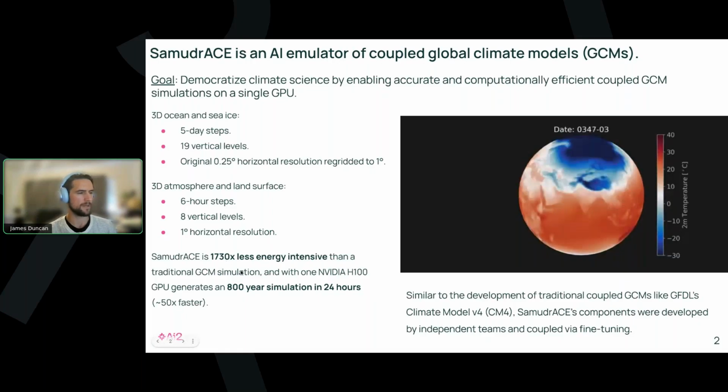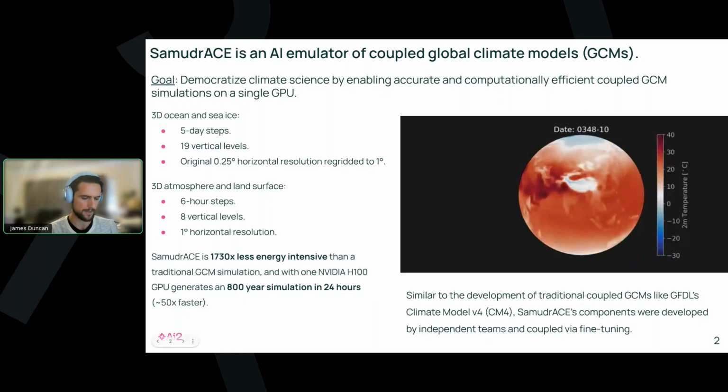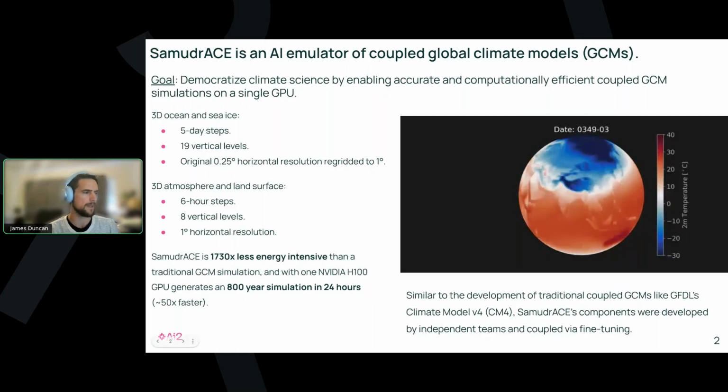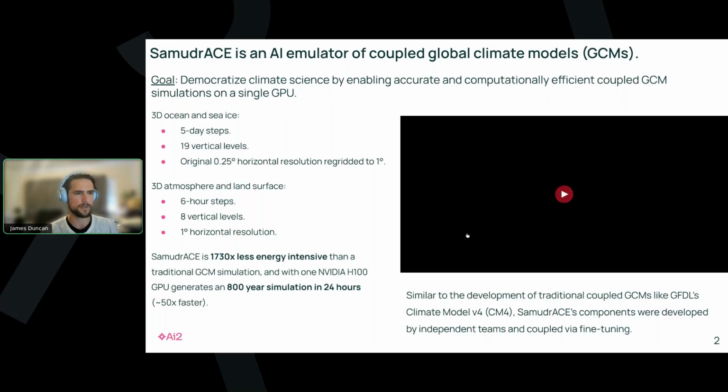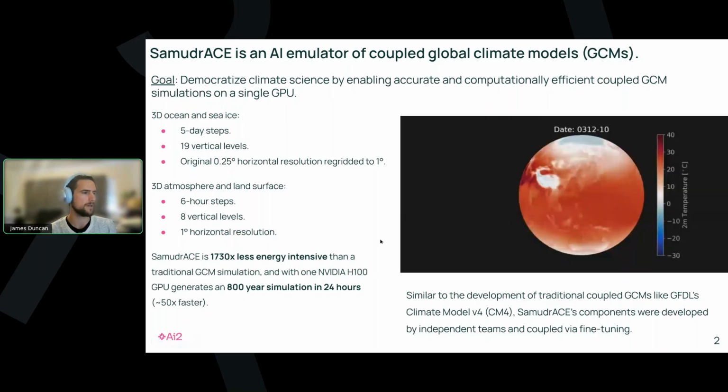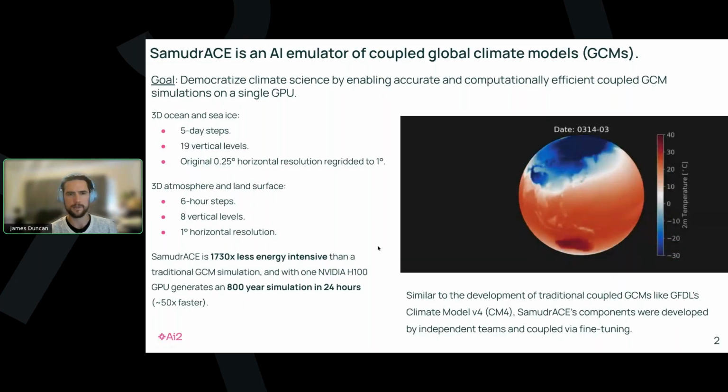And the real benefit of this kind of modeling, that I think Lucas touched upon, is that we can do these simulations with much lower energy costs and much faster than a traditional model. So in this case, about 1,700 times less energy intensive and about 50 times faster for an 800-year simulation.